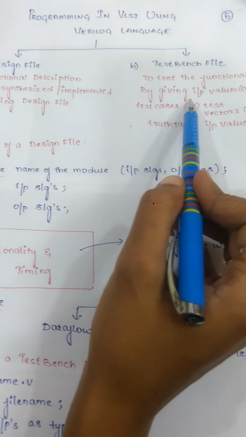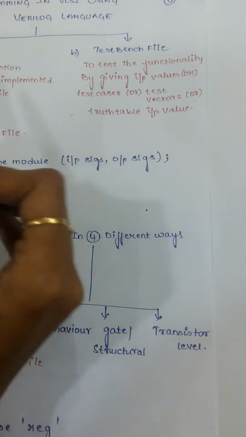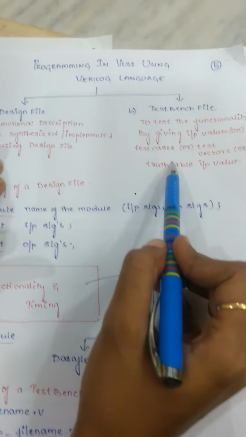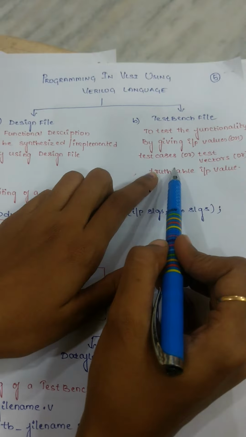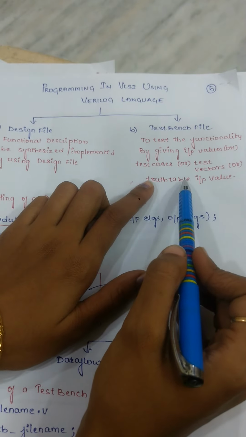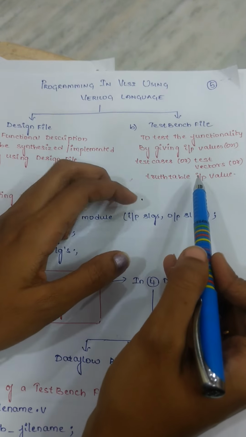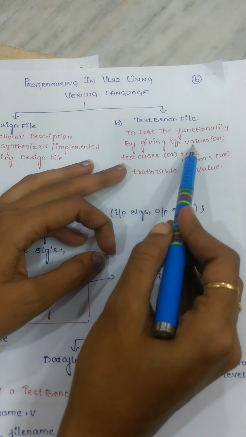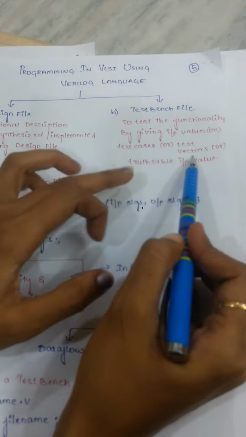When you come to a test bench file, whatever design we have written in the design file has to be tested and verified, right? That should be done by giving sample inputs, such as random inputs, real inputs, or truth table inputs. Those are nothing but input values, test cases, or test vectors.